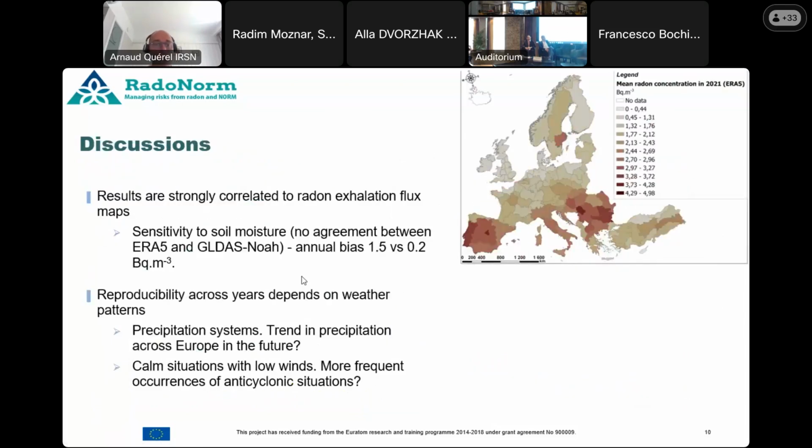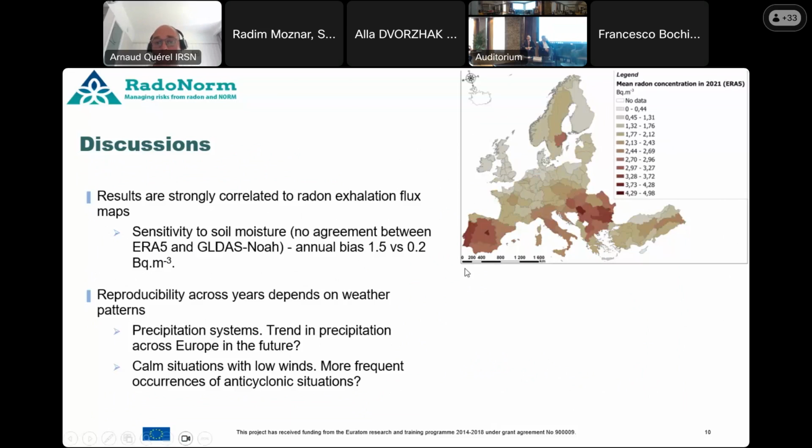And to conclude, I would like to focus on the fact that the radon exhalation flux maps have a very strong influence on our modeling.